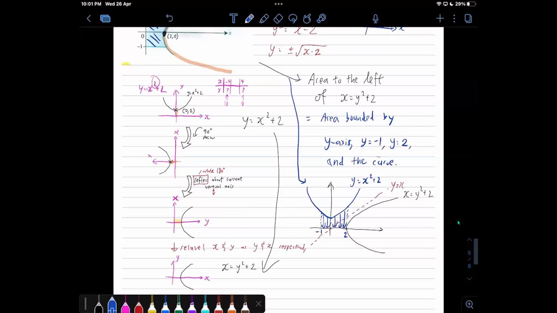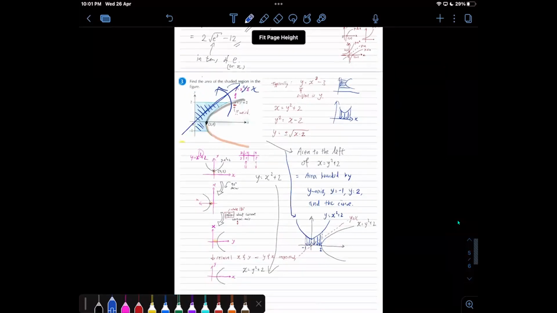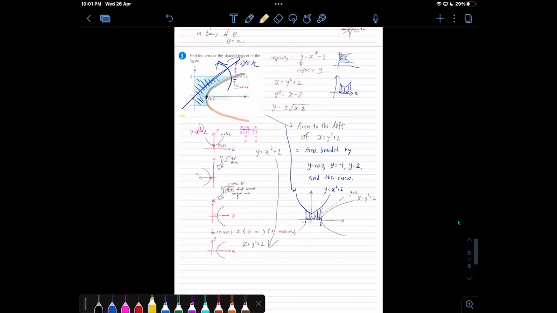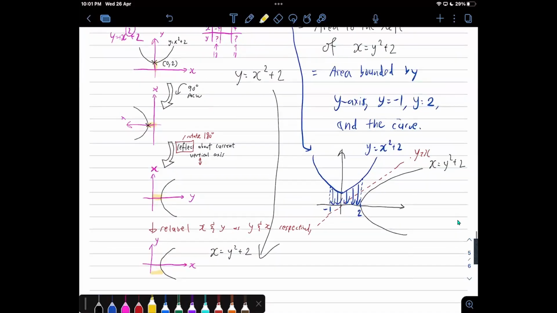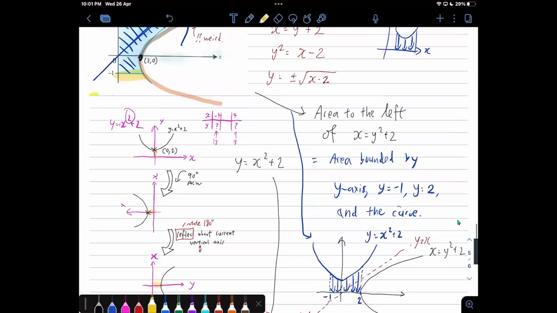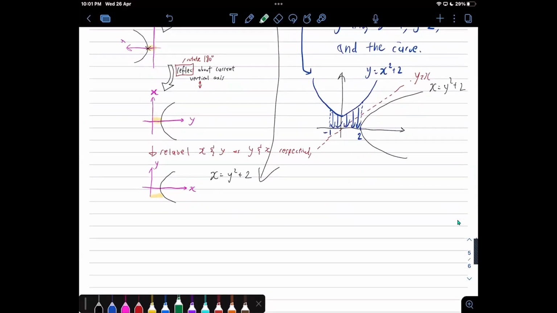Can you see that? If this is y equals x, you are reflecting it about this axis. Okay. So this -1, maybe if I use a bit of highlighting color, -1 here, +2 there. So that means -1 here. Okay, maybe I use a different color for the +2.